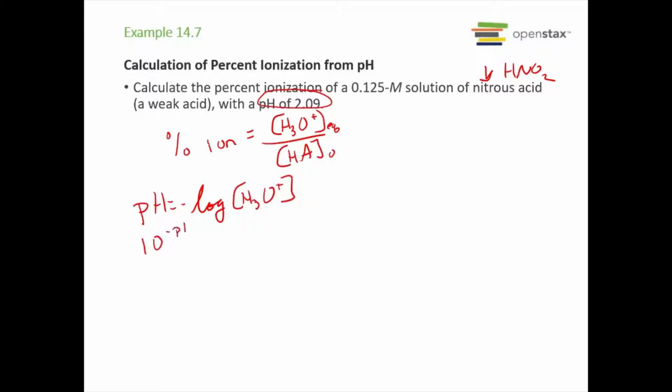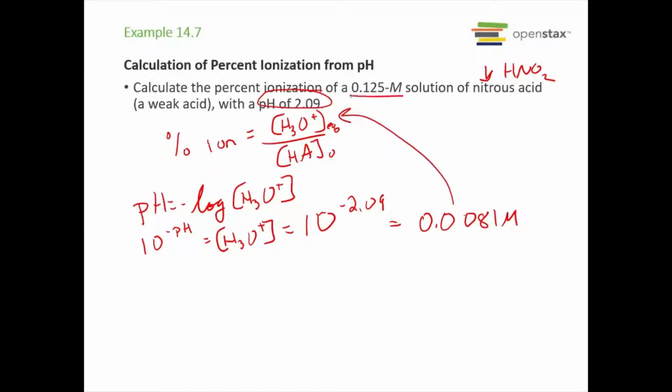And 10 to the negative pH is equal to our hydronium concentration. So that means we have 10 to the negative 2.09. And with that, we get 0.0081 molar.